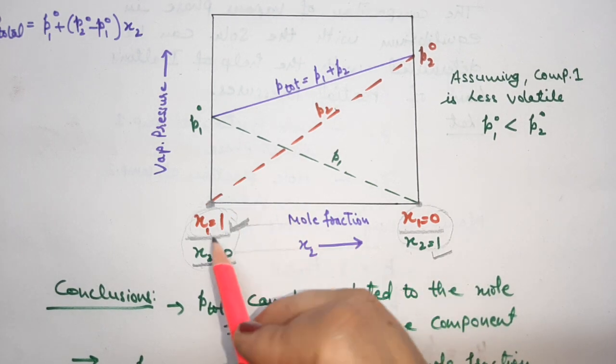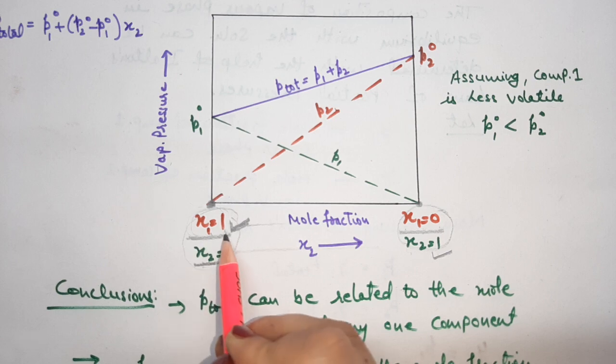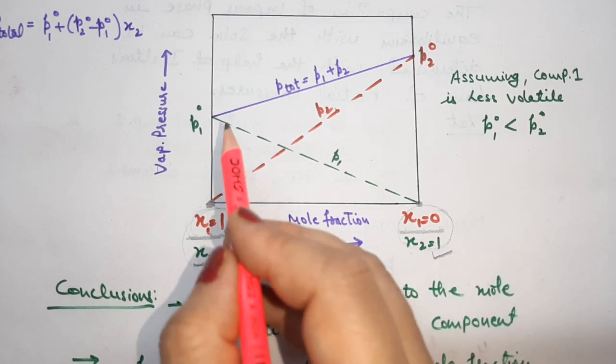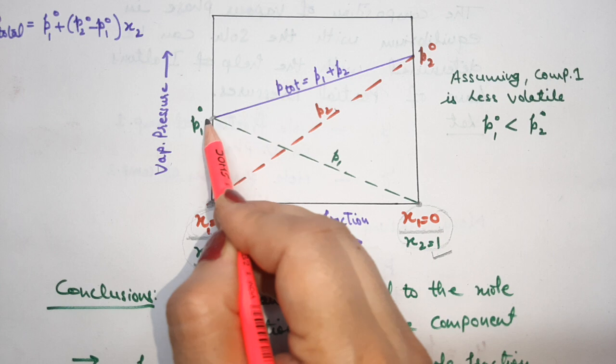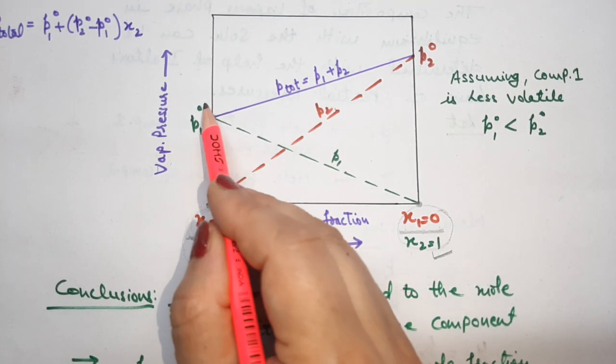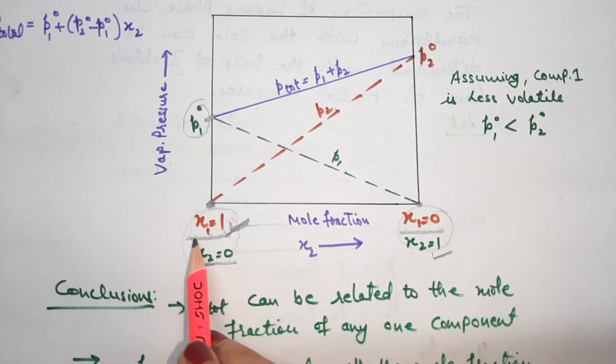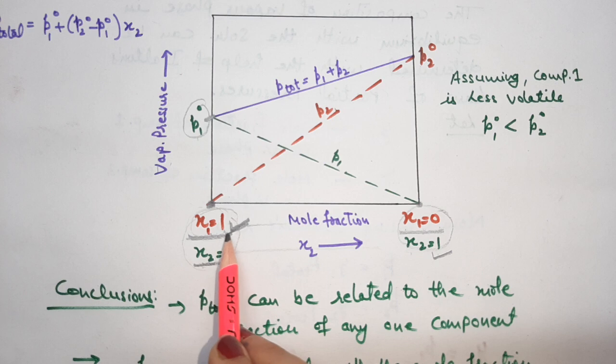So this line shows the vapor pressure. Here we have the pure component 1, so let's mark the vapor pressure of component 1 here, that is P1 naught. This is of course the vapor pressure of the pure component, because X1 is equal to 1 only here, and the mole fraction of the second component is 0.